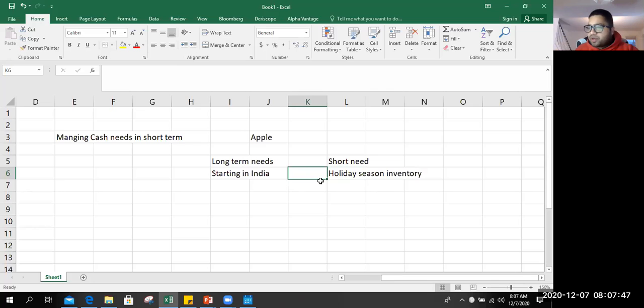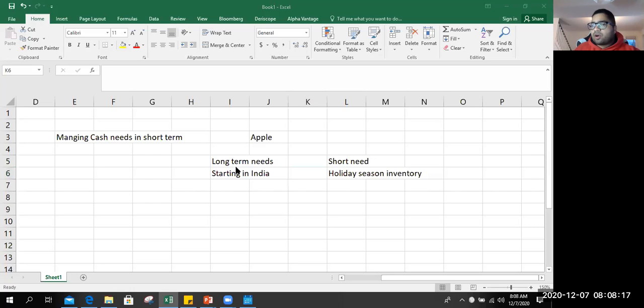There are very few firms that actually have the same demand all throughout the year. Mostly consumer-facing firms like electronics have higher demand in holiday seasons or buying seasons, and average demand in every other season. So short-term cash needs generally peak in certain months and then are averaged out across other months.